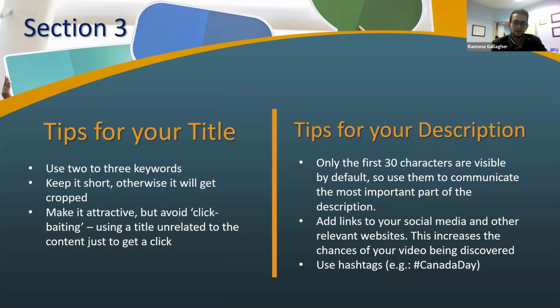Now, having a title is really important, and having a good title is what's gonna make people either click on your videos or just skip them. So you want to use about 2 or 3 keywords, just for the same reason I've said several times, for YouTube to be able to classify it better.